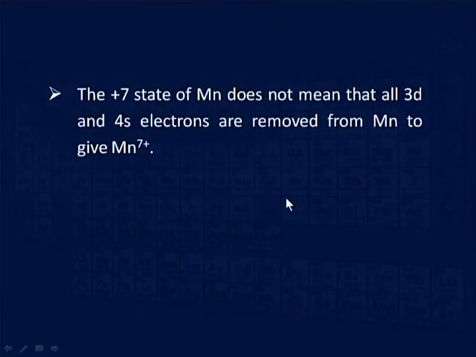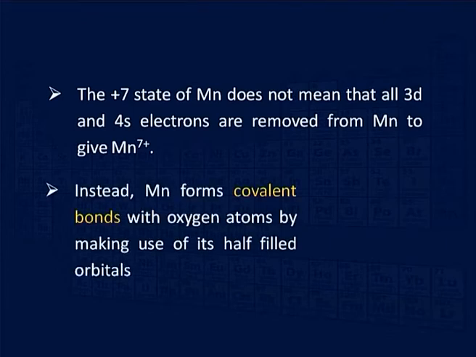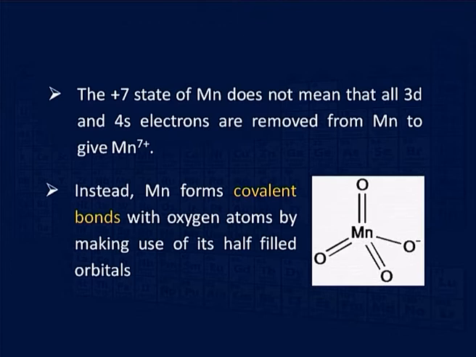The +7 state of manganese does not mean that all the 3d and 4s electrons are removed from manganese to give Mn7+. Instead, manganese forms covalent bonds with the oxygen atoms by making use of the half filled orbitals.